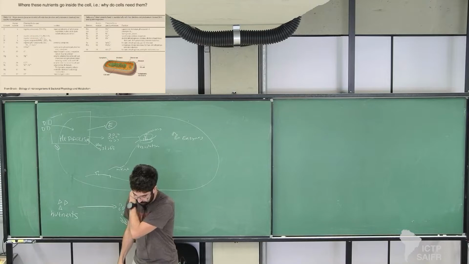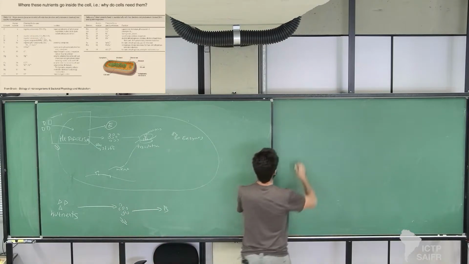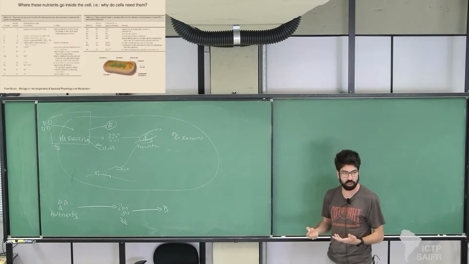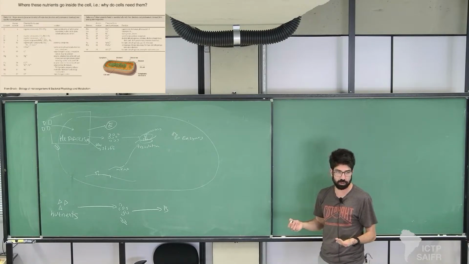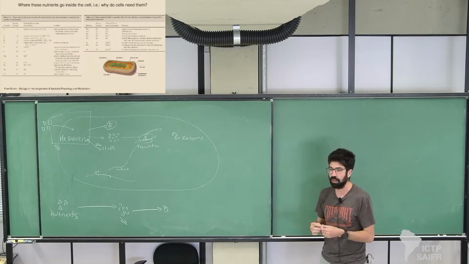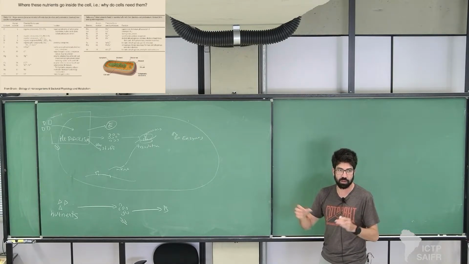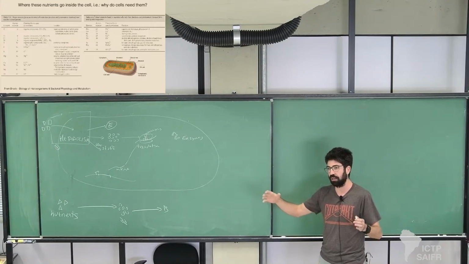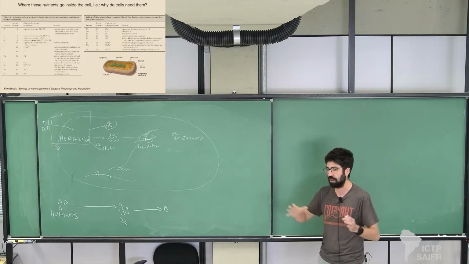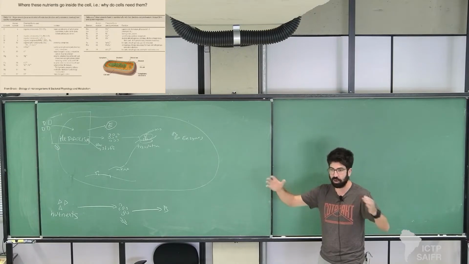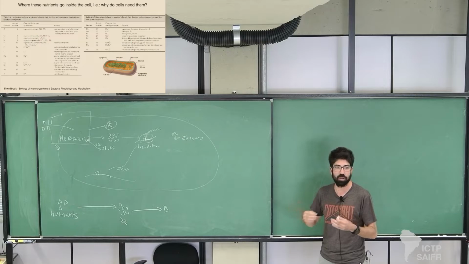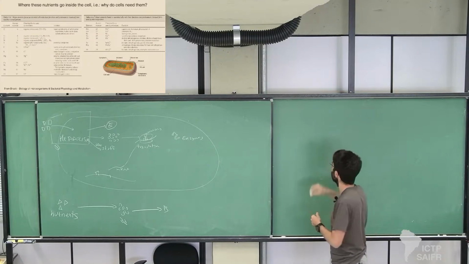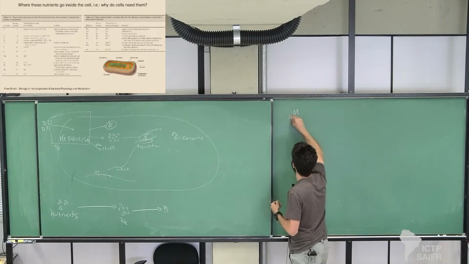And the idea is that we are in a condition where a cell is in what is called steady exponential growth. What it means is that we have a population of cells, and all of them are growing exponentially. So they grow, they divide, they grow, they divide. So if we follow the mass of the colony, it is growing exponentially over time. And it is steady in the sense that the growth rate doesn't change over time, okay?